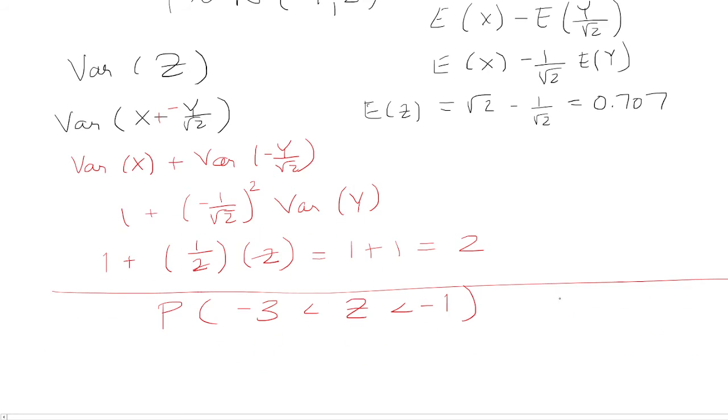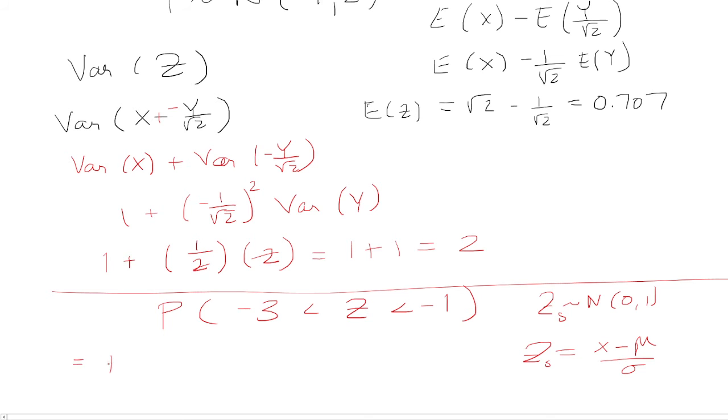Z is usually used for standard normal, so the mean 0, standard deviation 1. But here, I'm going to use the notation Z sub S as the standard normal variable. So recall that Z is equal to (X minus mu) over the standard deviation. The good thing is we just calculated that for the first two parts.